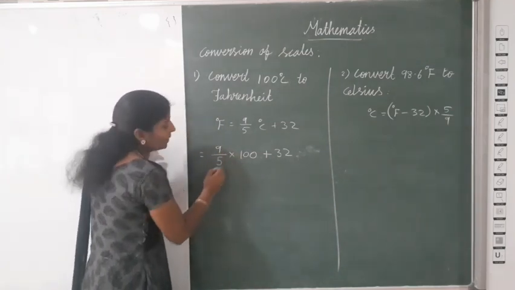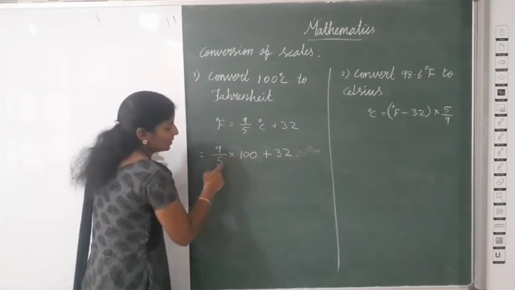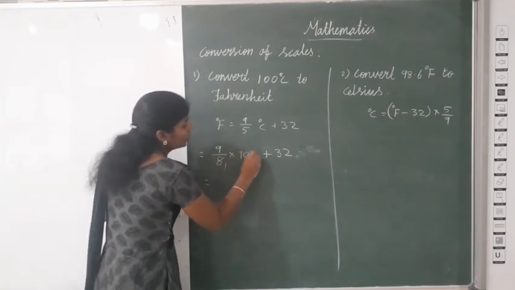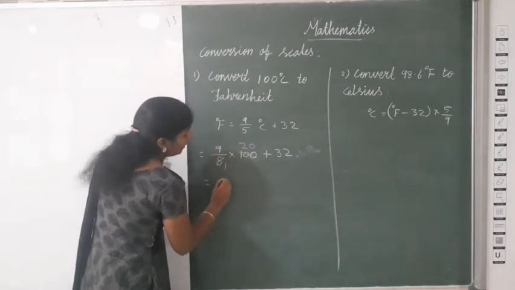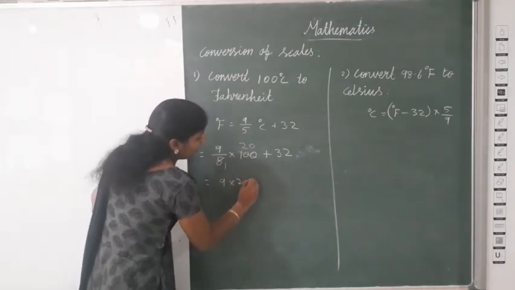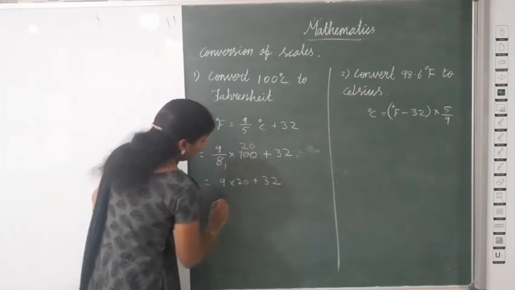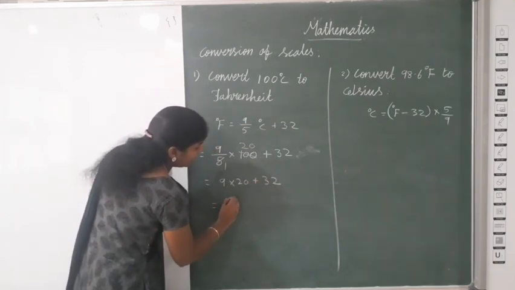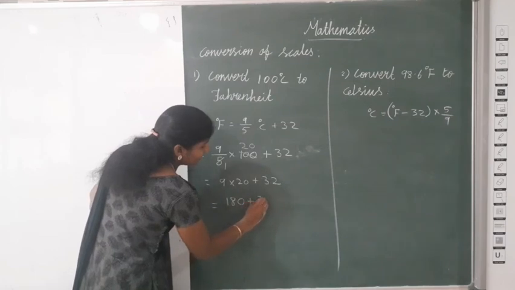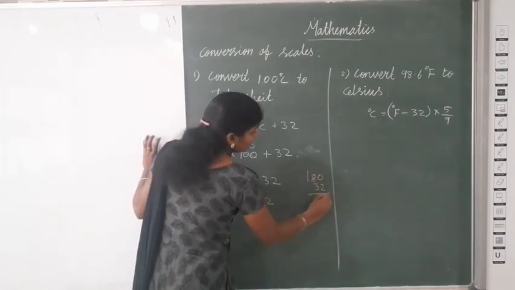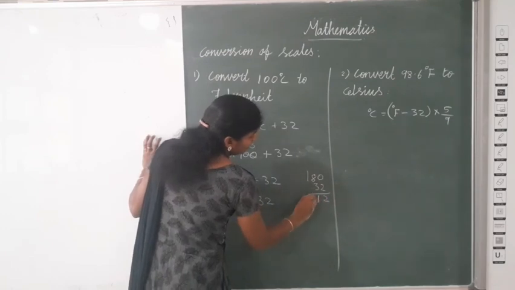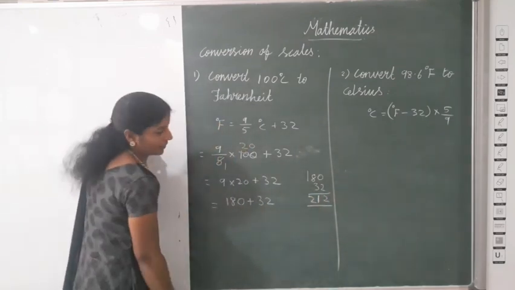Otherwise we can cancel this: 5 ones are 5, 5 twos are 10, so 20. Now 9 into 20 plus 32. 9 twos are 18, so 180 plus 32 equals 212.